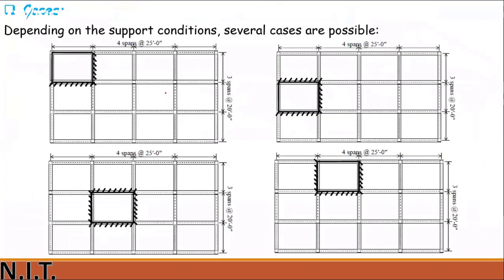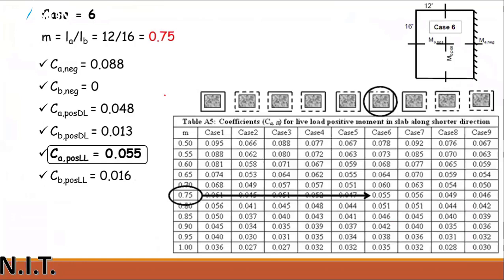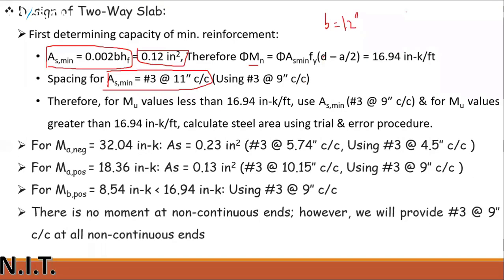It depends on your choice, either you want to calculate or not. If you want to calculate, then the d value will be equal to 4 inches. Clear? And the a value can be calculated by the formula which is available in beam design, the depth of the compression stress block.